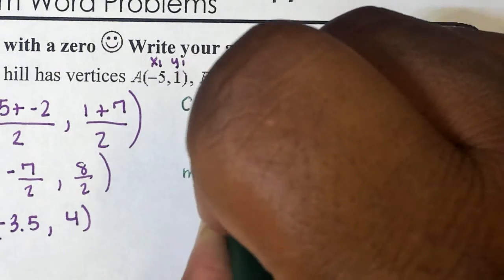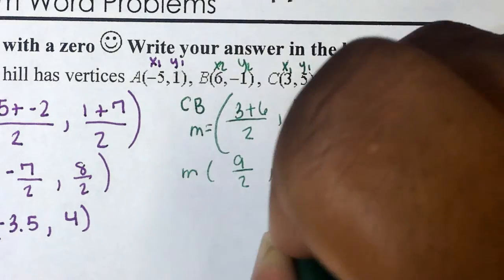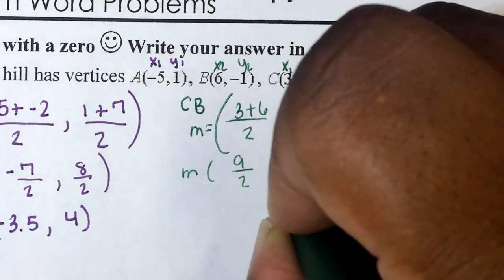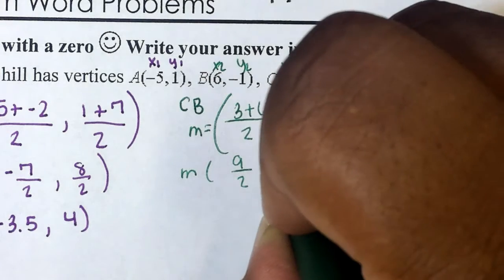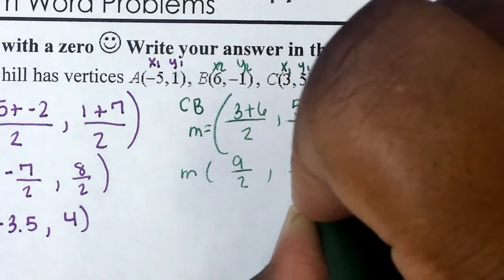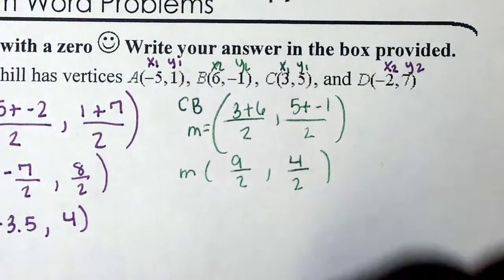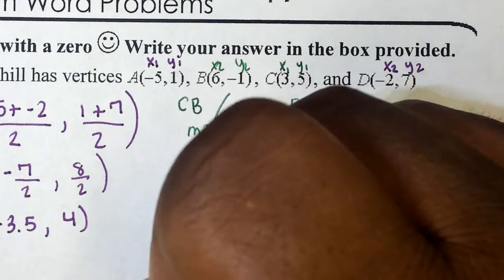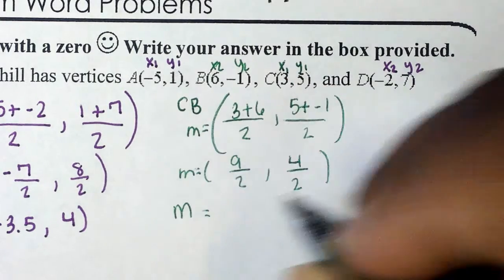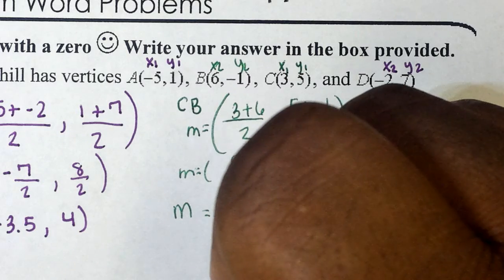So I'm going to get 9 divided by 2, comma, 5 plus negative 1 is 4. So 4 divided by 2. And then midpoint equals, get the decimal, 4.5.